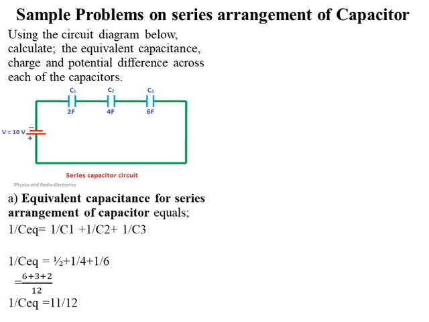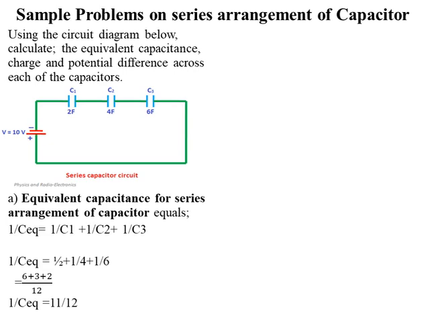So you now have 1 over C equivalent equals 1 over 2 because our C1 is 2, plus 1 over 4 because our C2 is 4, plus 1 over 6 because our C3 is 6. By the time you find the LCM and do the addition, we'll get 1 over C equivalent to be 11 over 12.